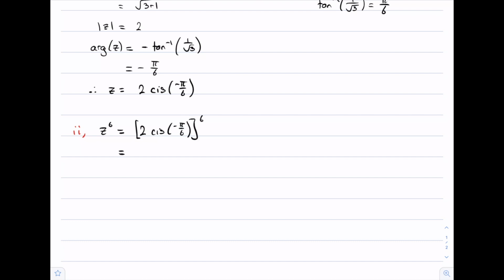So with de Moivre's theorem, the modulus gets raised to this power, so that'll be 2 to the power 6, and the argument gets multiplied by the power. So this will be cis of minus pi on 6 times 6, and it's a good idea to indicate that we've used de Moivre's theorem. So by de Moivre's theorem.